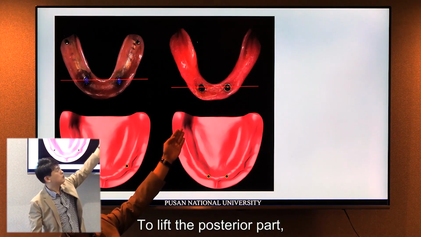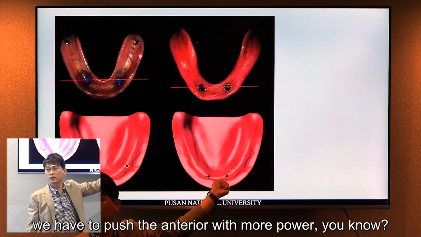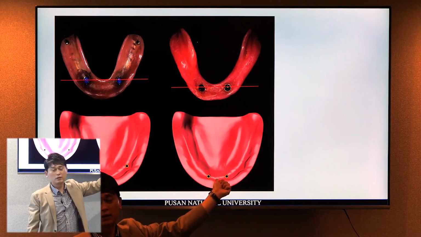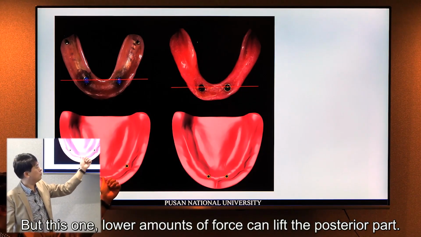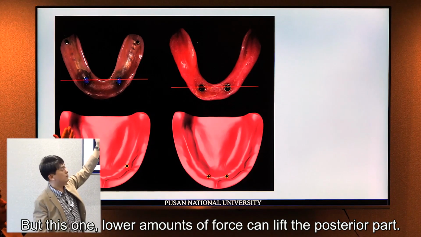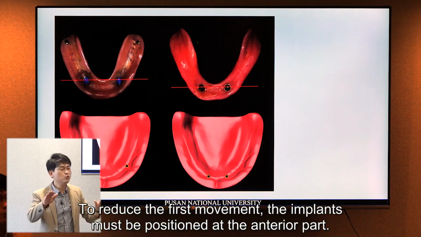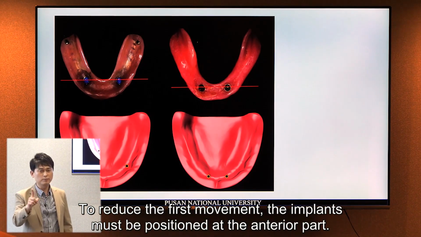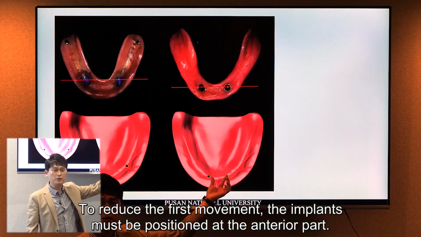To lift the posterior part, we have to push with more power, but here a lower power can lift the posterior part. Do you understand? So to reduce burst movement, the implant has to be positioned in the anterior part.